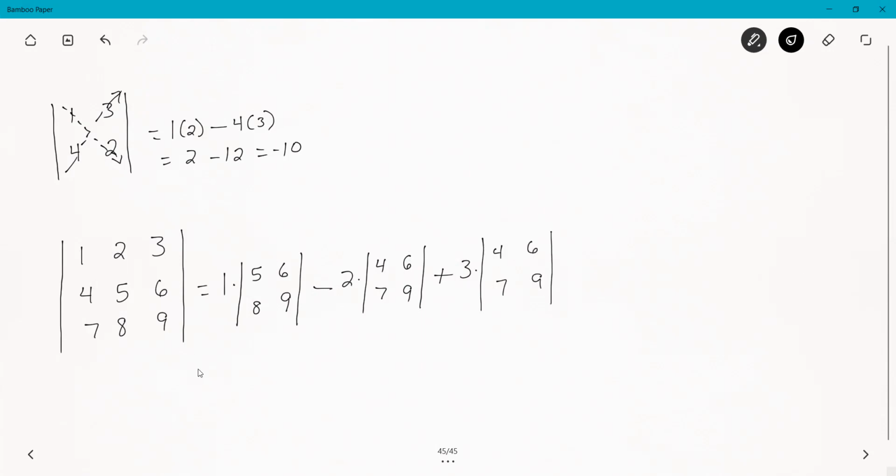Okay, so let's do this math. So this is going to be 1 times my 5 times 9 minus 8 times 6. Okay, this is going to be 2 times 4 times 9 minus 7 times 6. And then plus 3 times... Uh-oh, I made a mistake.